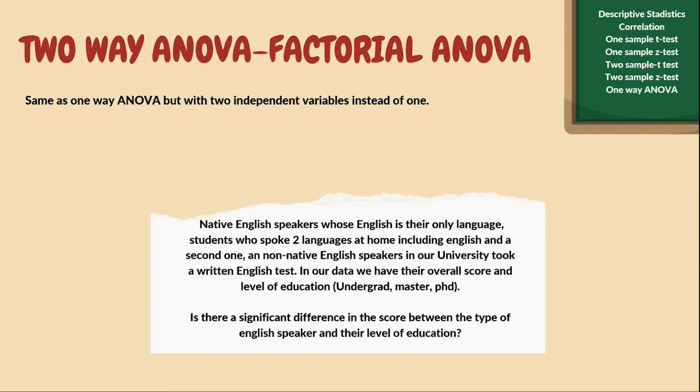The question is, is there a significant difference in the score between the type of English speaker and their level of education? We are including another variable here. We have 3 variables: the score, which is our dependent variable, the level of education, a categorical variable, and the type of student, another categorical variable.